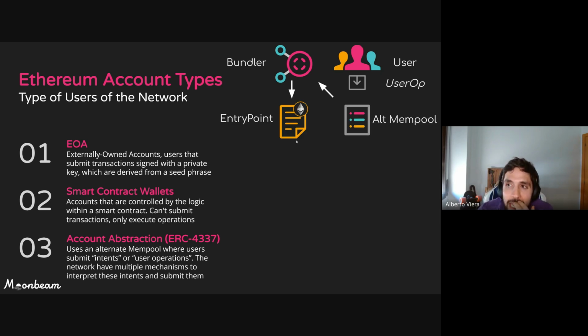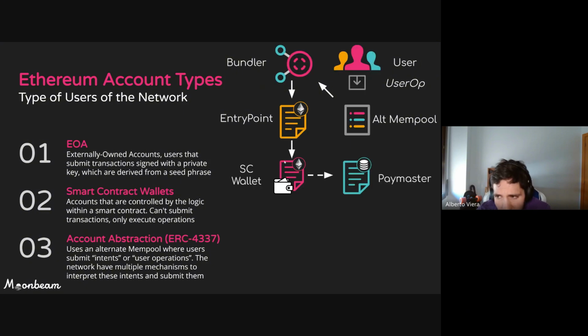And the bundler interacts with an entry point contract, which is like the gateway or the entry point for ERC4337 and account abstraction transactions to the blockchain, right? Then the entry point interacts with the smart contract wallet. So now you have the smart contract wallet from before, but this is specific to this ERC, and this is what actually represents the user on the network.